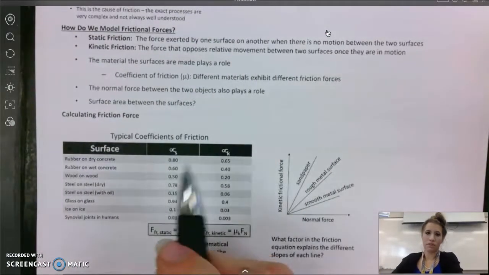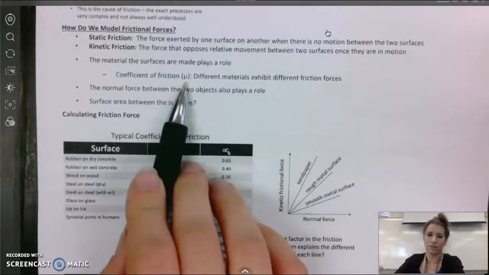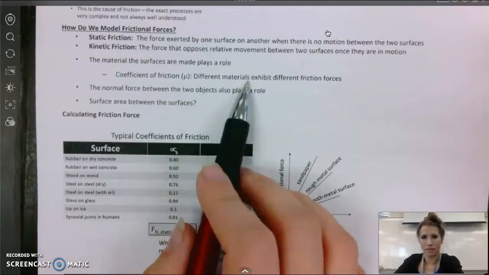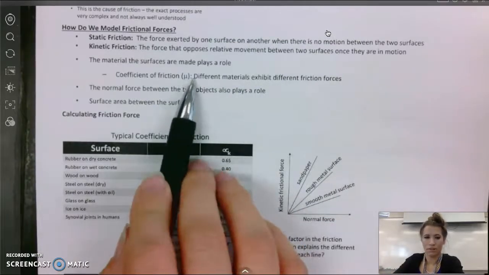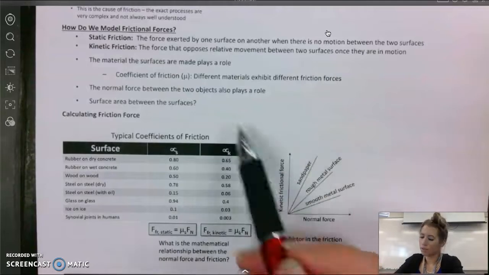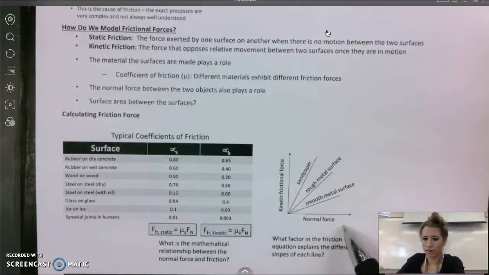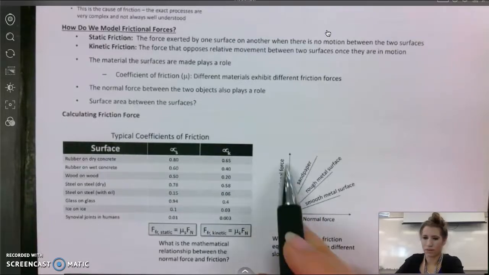Now, depending on the surfaces that you're working with, the coefficient of friction is going to change. Different materials exhibit different frictions, and we define that with our coefficient here. The normal force also plays a role. If we look at our graph here, we can see normal force and then kinetic frictional force.